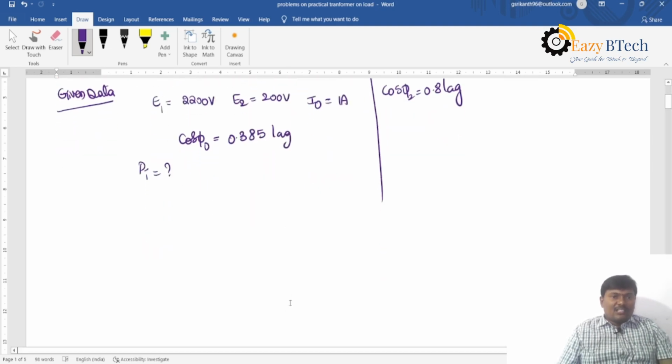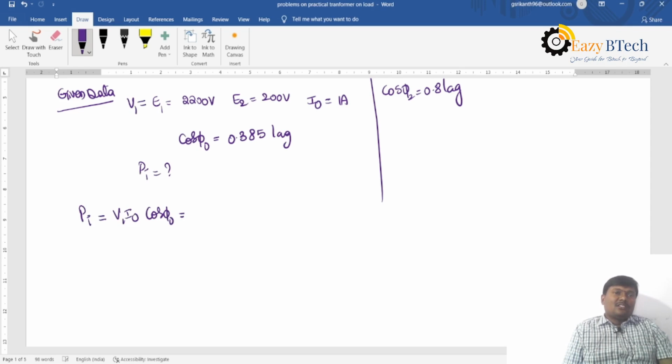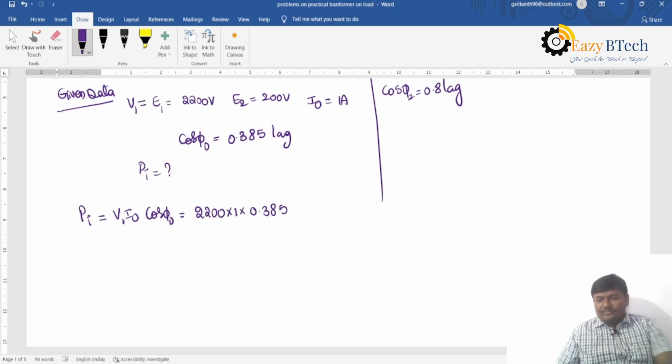So the iron losses formula under no load condition is V1 I naught cos phi naught. So this is called the V1. V1 is 2200, the no load current is 1 ampere and the power factor is 0.385.